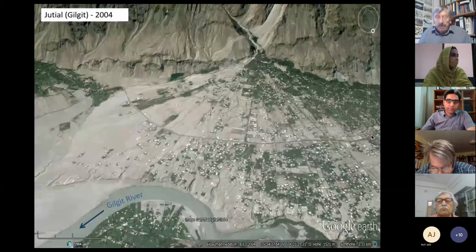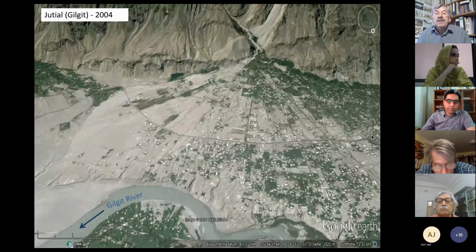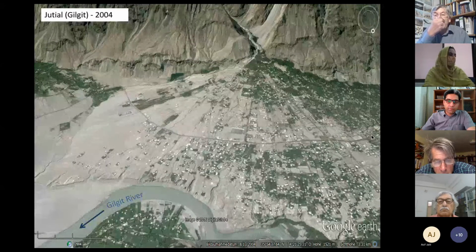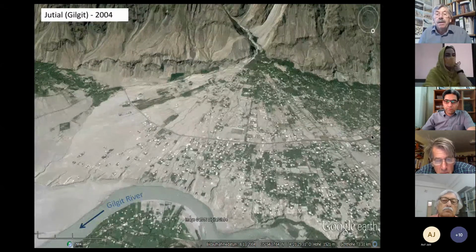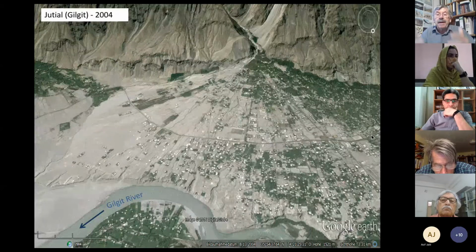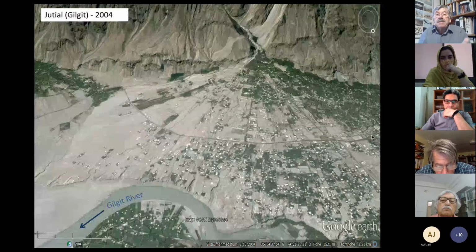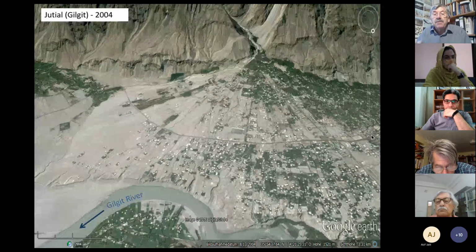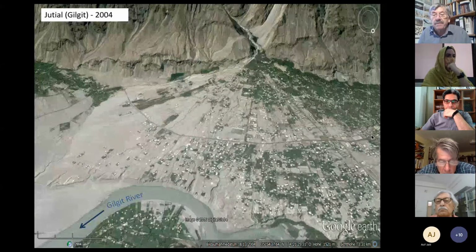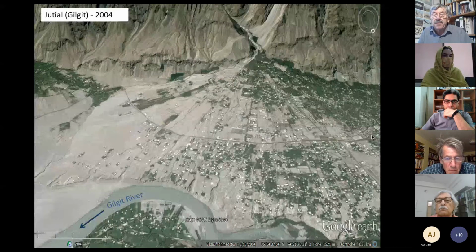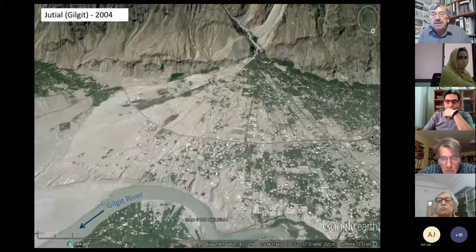It's a huge debris fan which has been fed from this valley. You see it on the top, melting glaciers, landslides, and so on. And this whole fan is a created debris fan. And you see it's a picture from 2004. I have unfortunately not the ones available from earlier, where you don't see any houses or just a few.